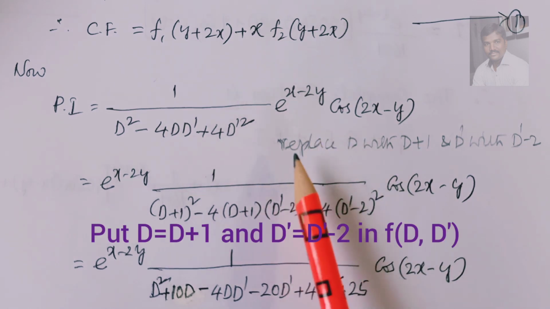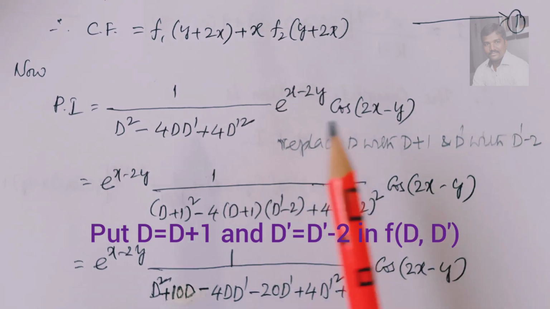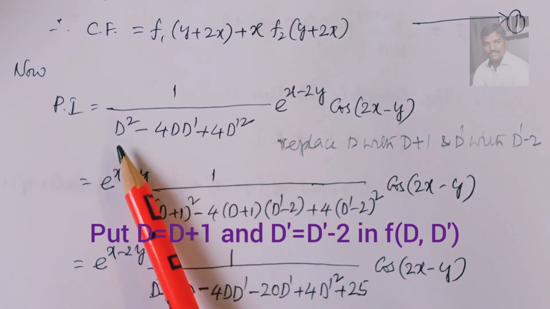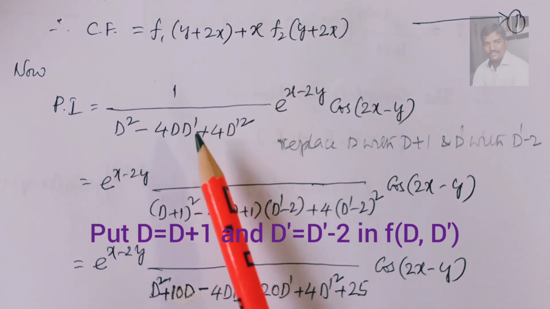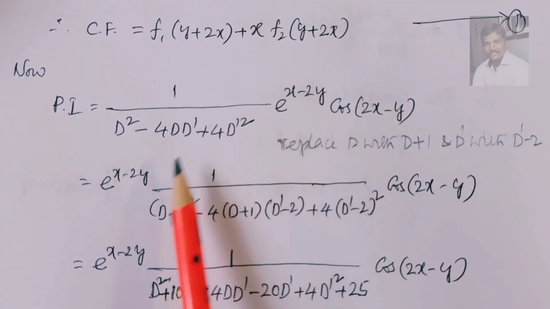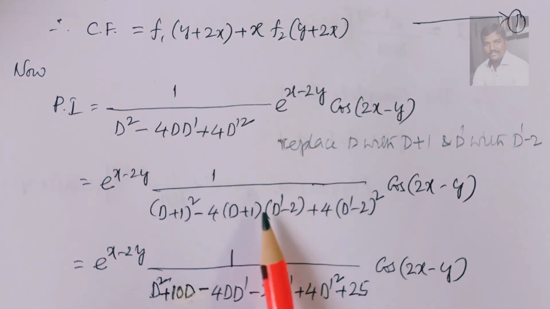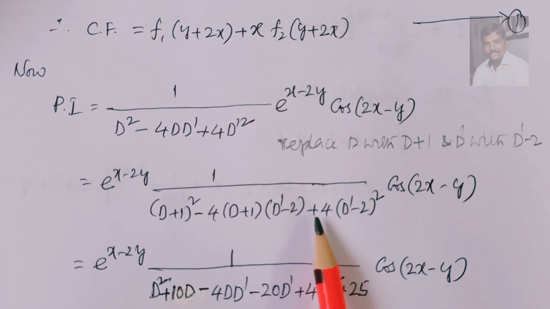Now replace D with D plus 1 and D dash with D dash minus 2. So first write e power x minus 2y, then 1 by the operator, replacing D with D plus 1 and D dash with D dash minus 2.